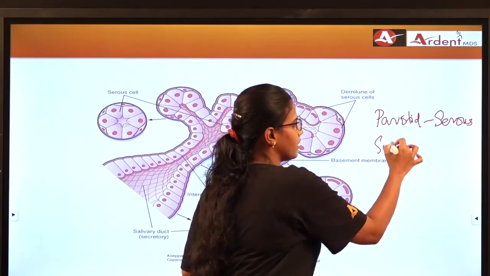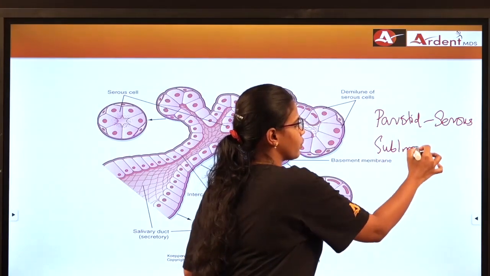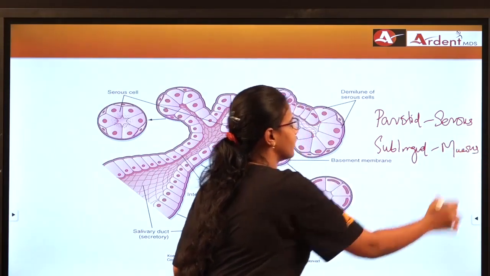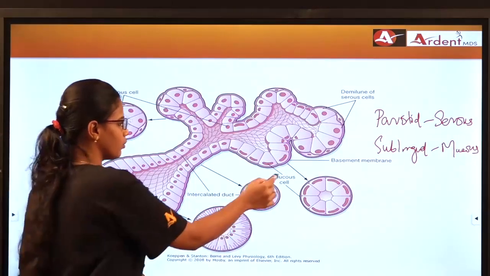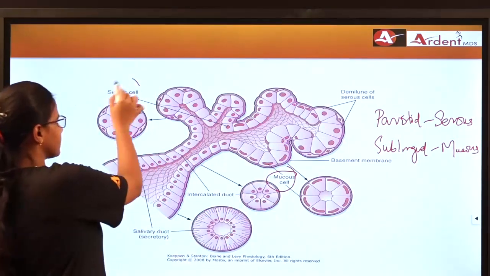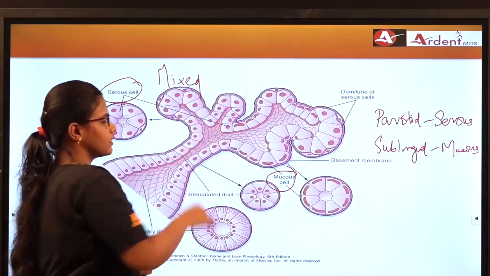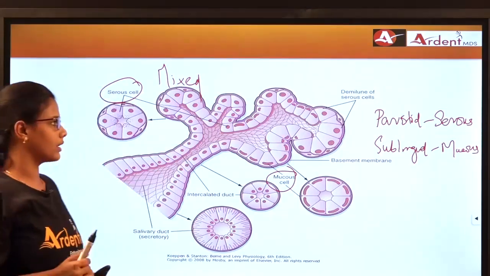The sublingual gland is purely mucous. Here in this figure you can see both the mucous cells and the serous cells, so it is a mixed type of salivary gland, which is the submandibular gland.